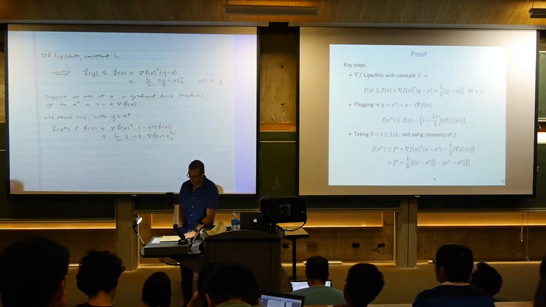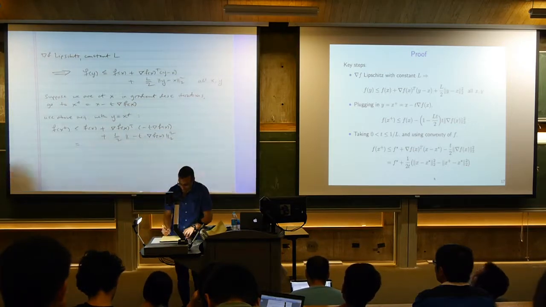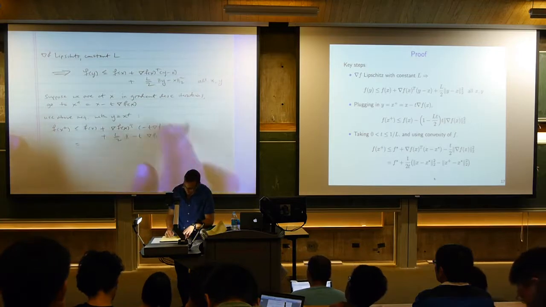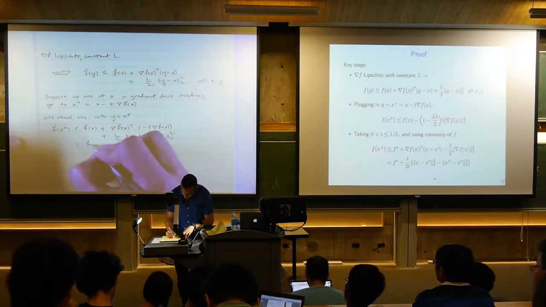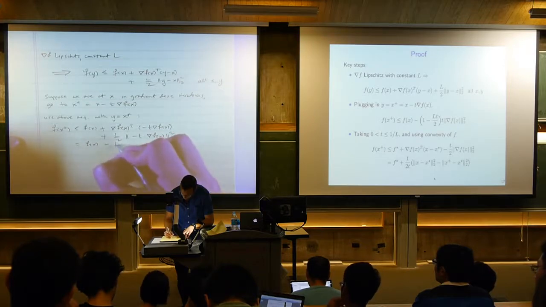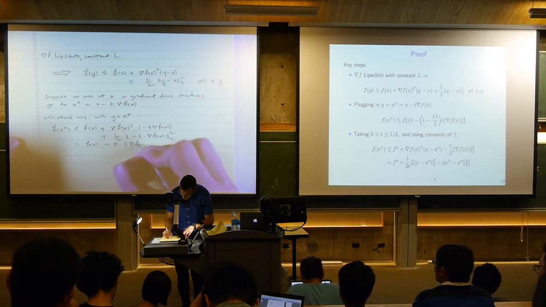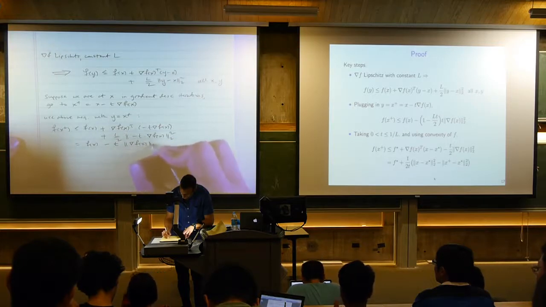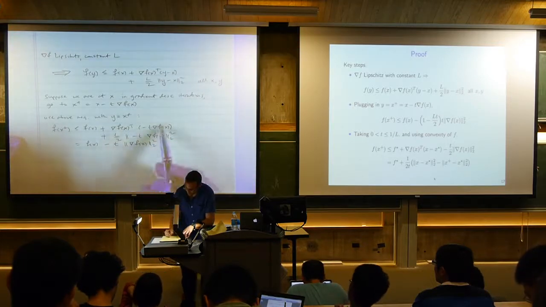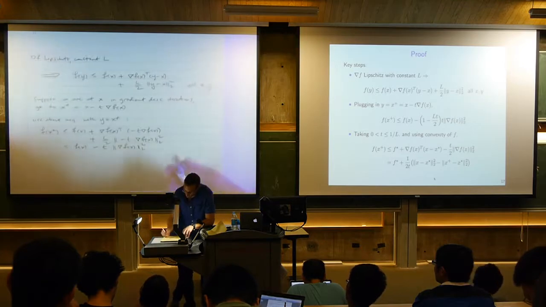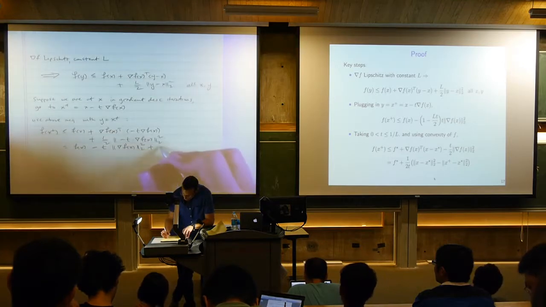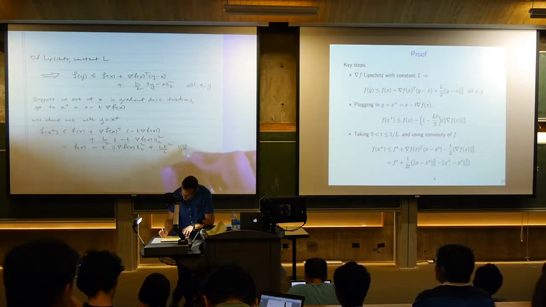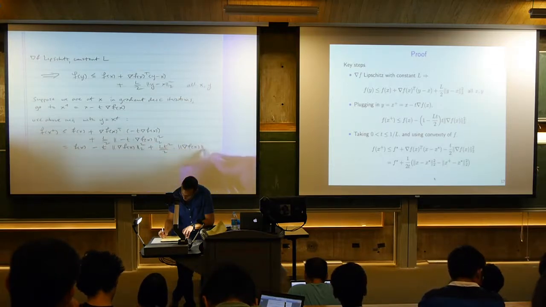All I've done is plug in the definition of x plus, the next step, and simplify. So this is f of x minus t times the norm of the gradient squared from this term, and from this term I get plus L t squared over 2 times the norm of the gradient squared.